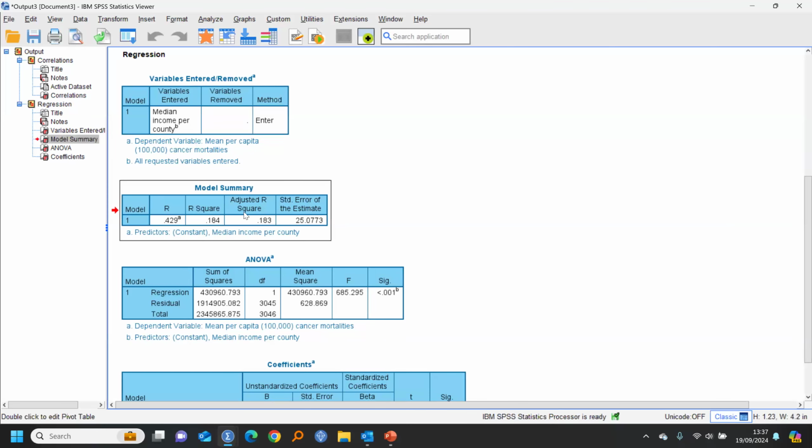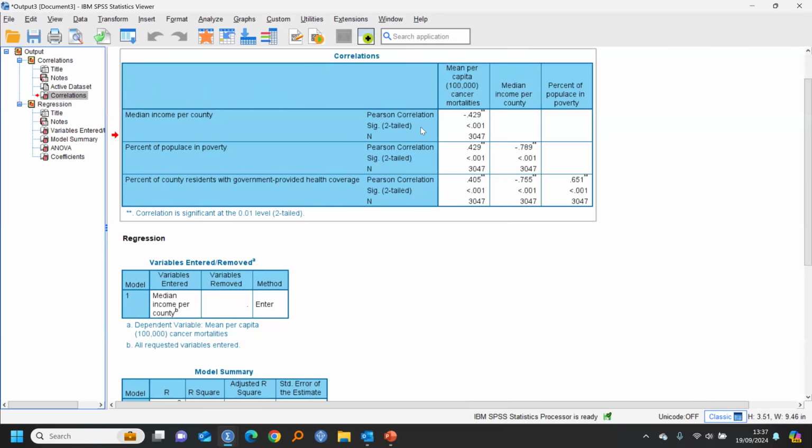And the first thing that we see is what's called a model summary here. It shows a value called R, which is 0.429. You may recall that we did correlations earlier on, and the correlation between percent in poverty and mean per capita income per county was minus 0.429.